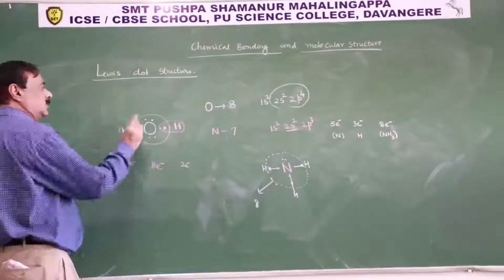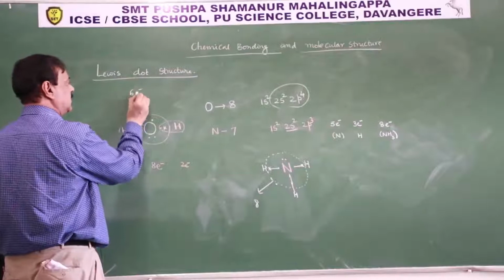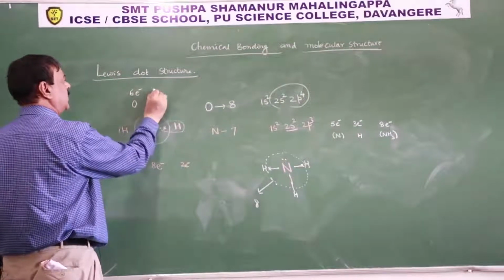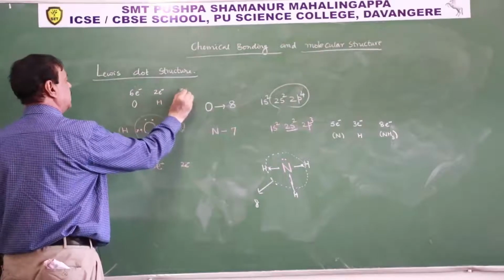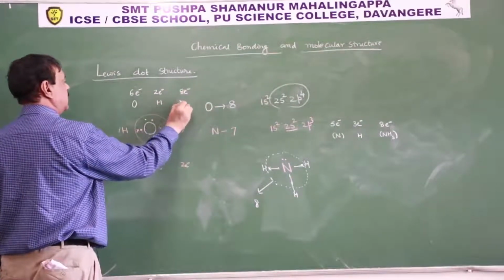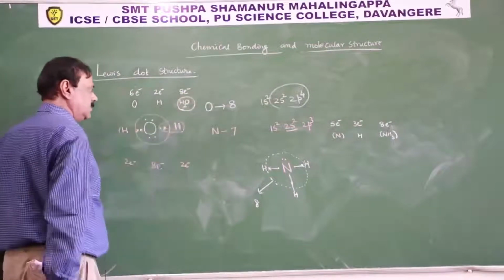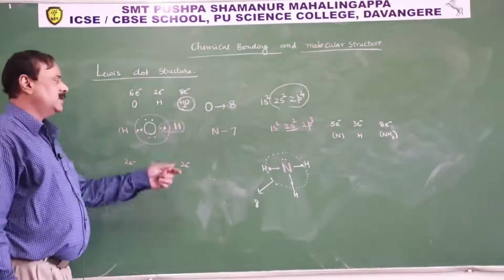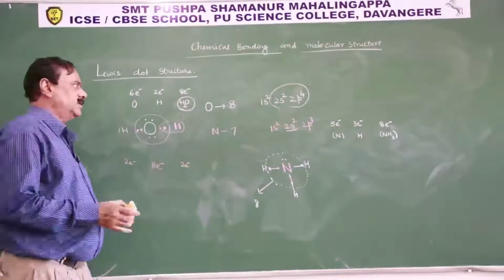Here also 6 electrons on oxygen and 2 electrons from hydrogen, total 8 electrons in water. Inner atomic orbital electrons are also there, but these are higher energy level electrons.